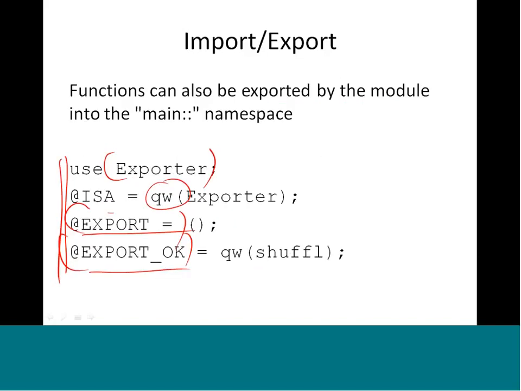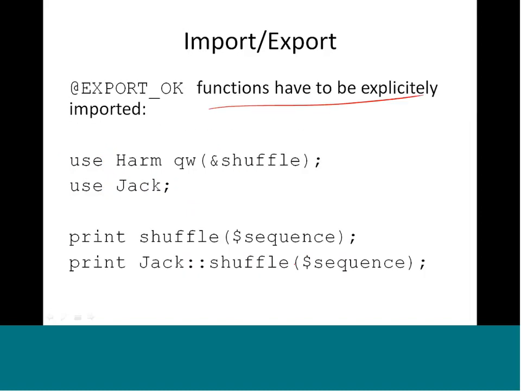So actually there is an E missing here. So for the shuffle function, the export is OK for that particular function, and that's what we mean here: functions have to be explicitly imported.